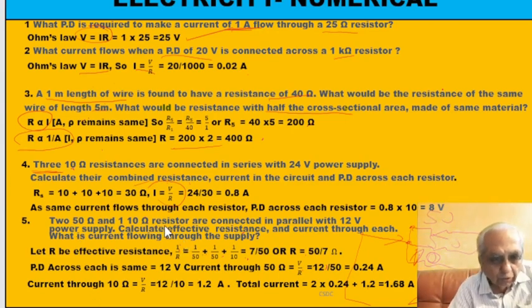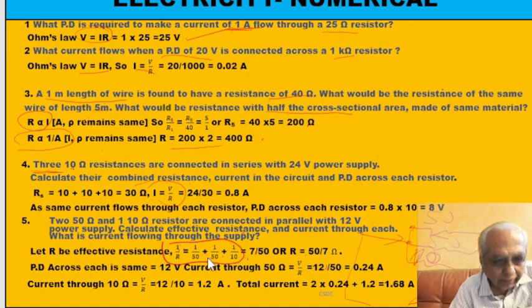In parallel you know the formula: 1 upon R is equal to 1 upon R1 plus 1 upon R2 plus 1 upon R3. So this formula we will use. R1 is 50, R2 is 50, this is 10. This is simple arithmetic.